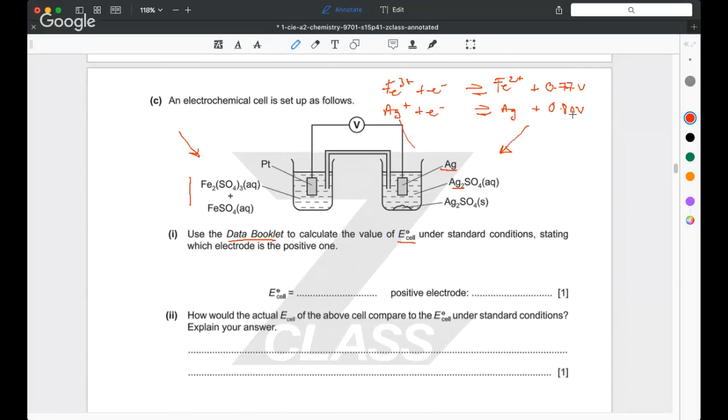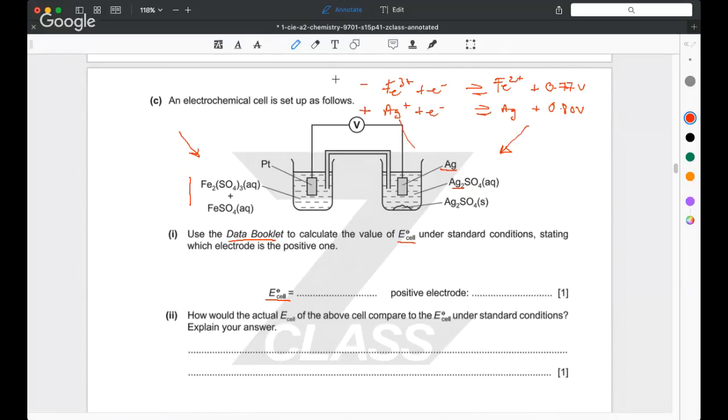All right, so from these electrode potentials, you've got to work out the cell potential. And the way to do this is to look at these and work out which one is the most positive. Well, they're quite close together, aren't they? But this one here, the reduction of the silver ion, is the most positive. So that's the most positive, and that's the least positive, you could say, or the most negative.